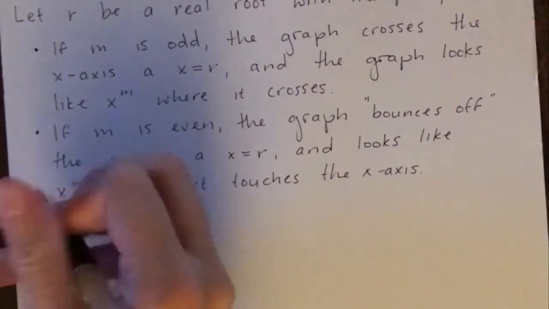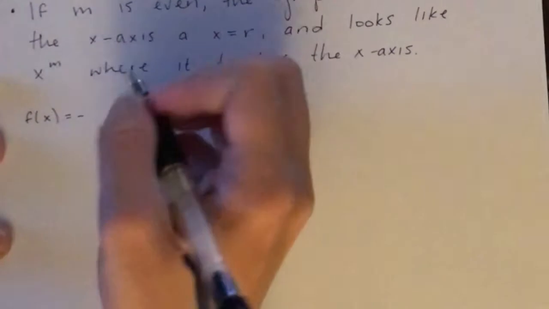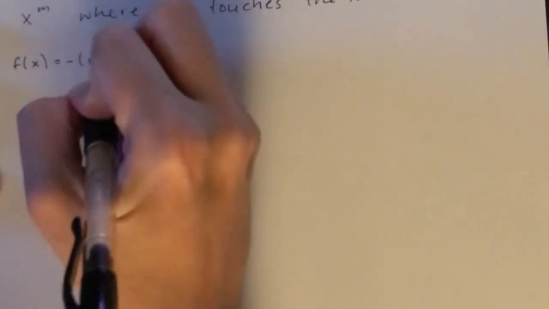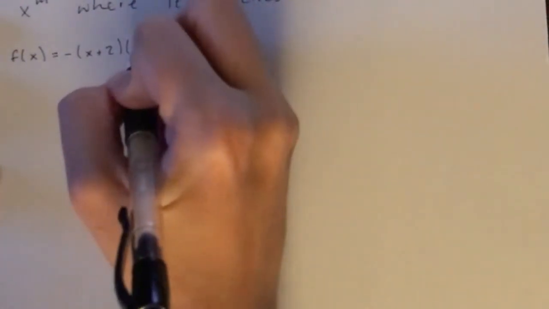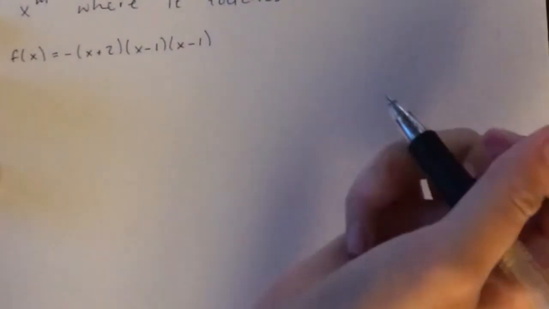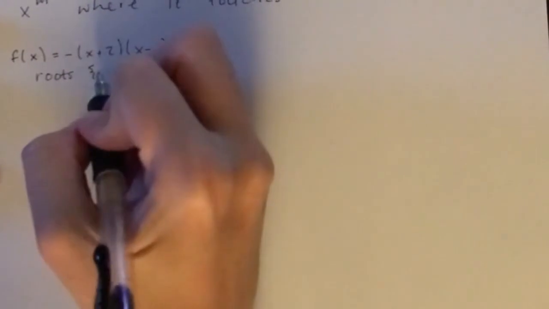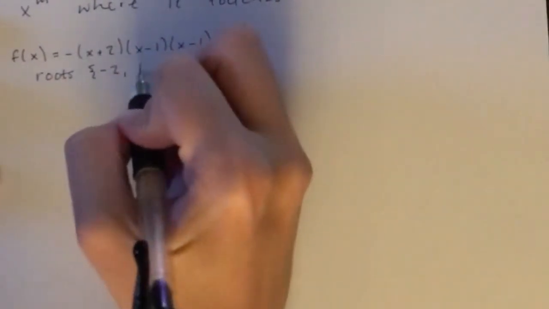So first example, let's say we have f of x equals negative (x plus 2)(x minus 1)(x minus 1). Well, this means we have the roots negative 2, 1, and 1.